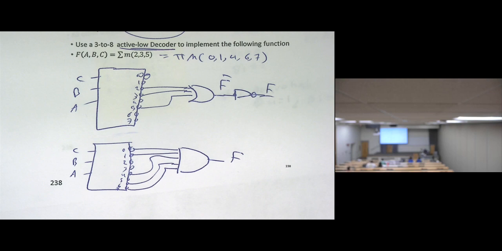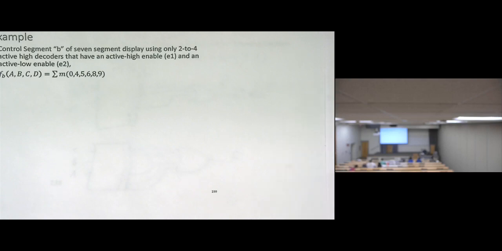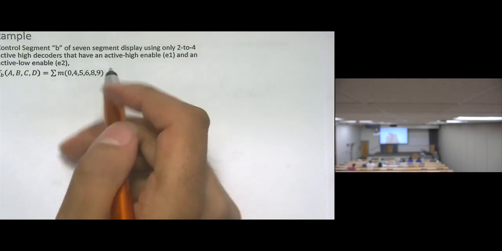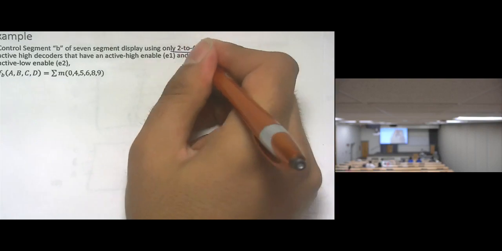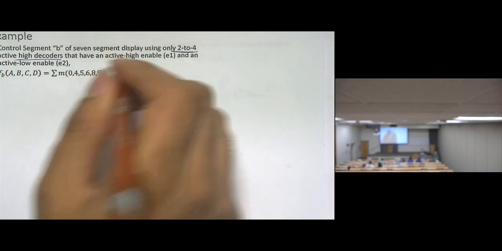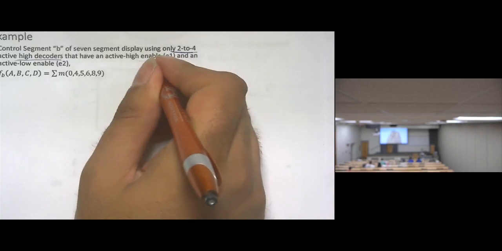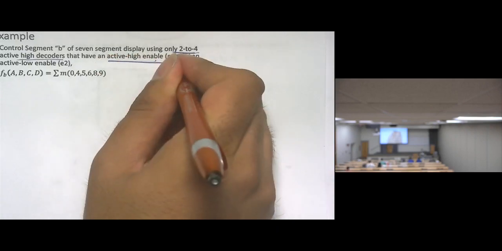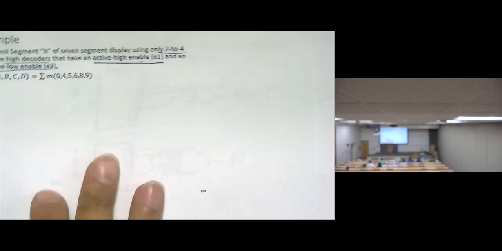Okay. Now, let's try to go to more complicated examples. Let's see this example. Control a 7 segment display using only 2 to 4 active high decoders that have active high enable E1 and active low enable E2.